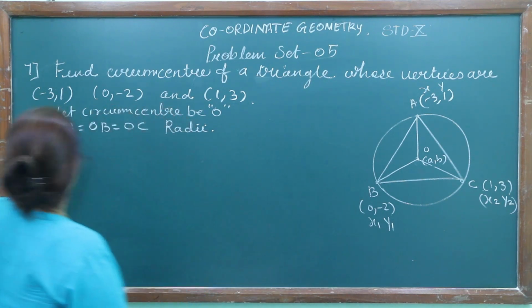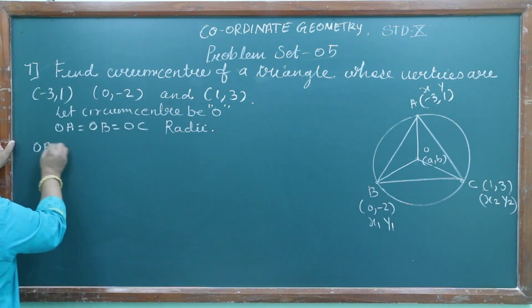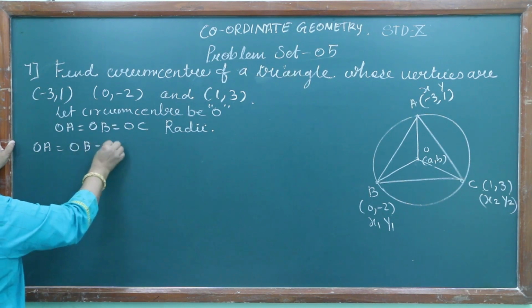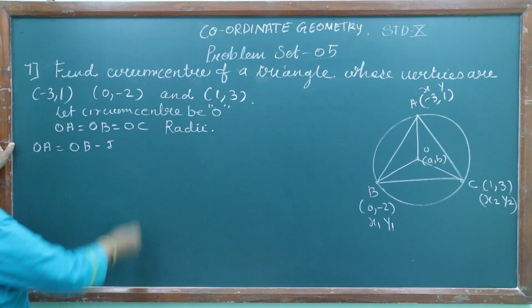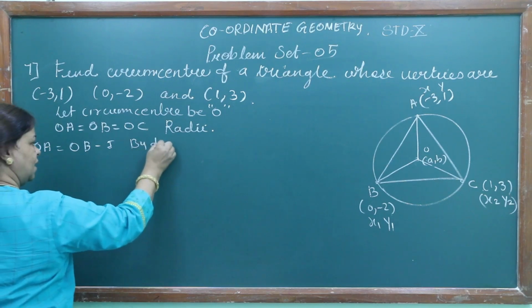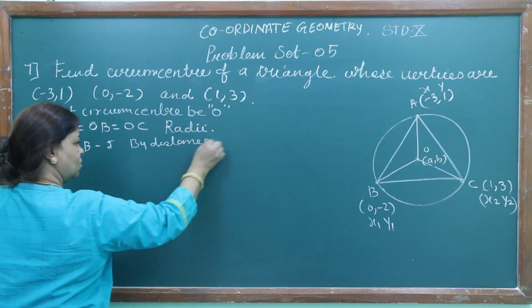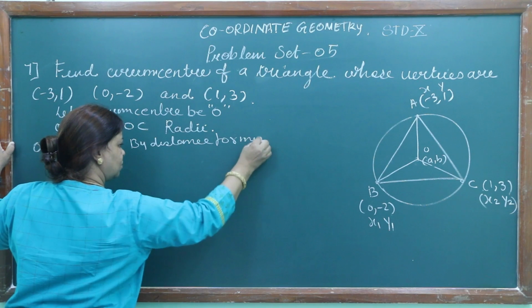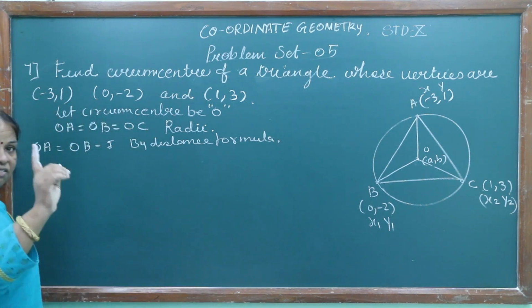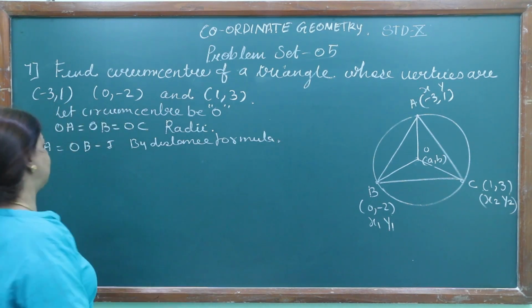Okay, let us see. First I will take OA equal to OB by using the distance formula, and get one of the simultaneous equations.